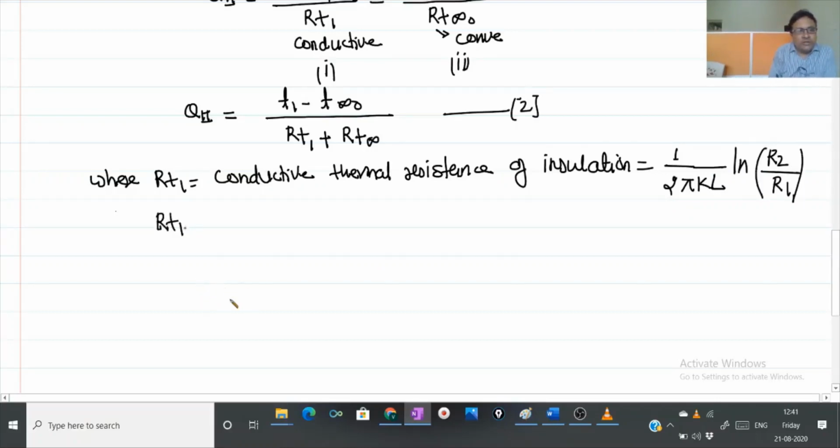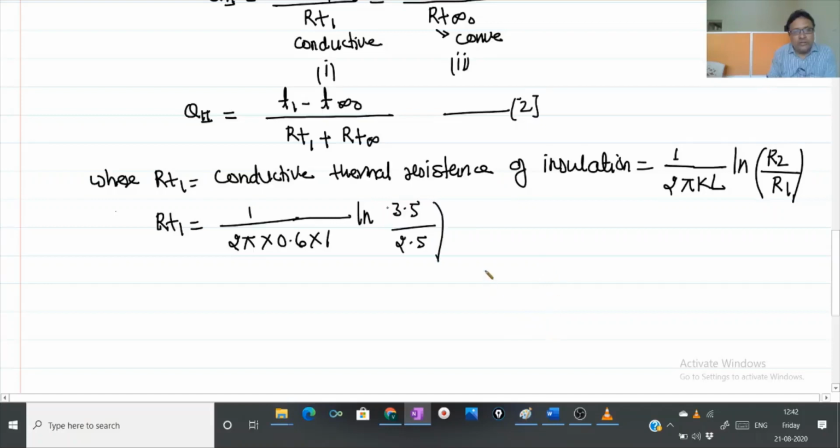Putting these values, 1 over 2 pi into 0.6 into 1, log of R2 is 3.5 and R1 is 2.5. So RT1 value comes out as 2.696 degrees Celsius per watt.